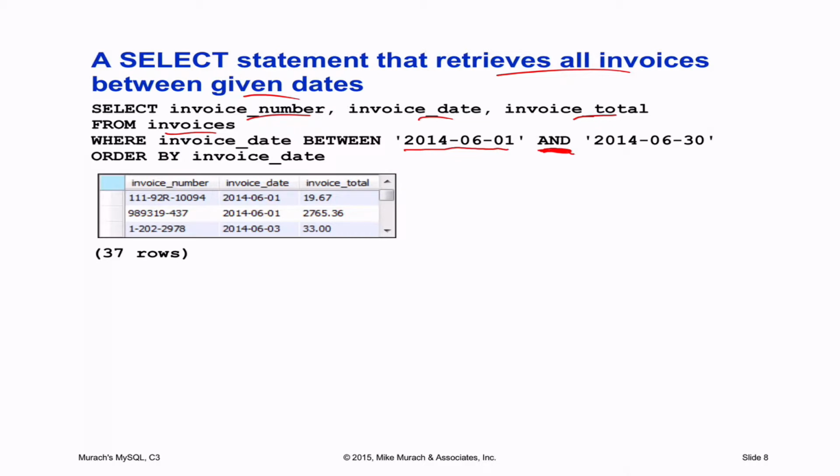It has to be between this date and this date. And then it's ordered by invoice date. It looks like it's going in ascending order, from the earliest to the latest. This would actually return 37 rows. We're only seeing the first 3 here.